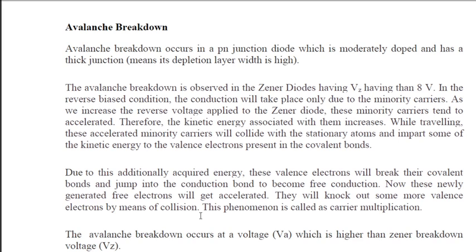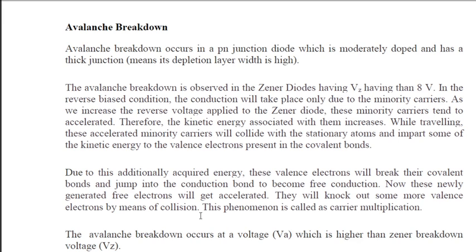If an electron is moving through the crystal with a very high velocity, it will have kinetic energy. Because of this kinetic energy, on its way it will collide with stationary atoms and impart kinetic energy to the valence electrons, and the bonds are broken. So avalanche breakdown is basically due to the collision of the minority carrier with the atoms, so that the valence electrons in the atoms get energy and are released because of the breakage of the bond.